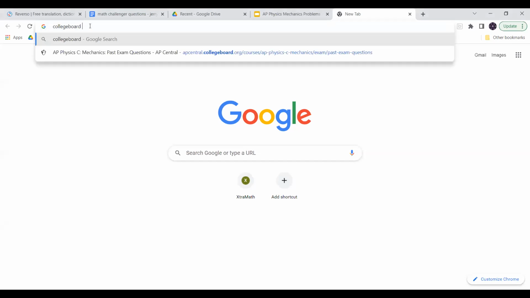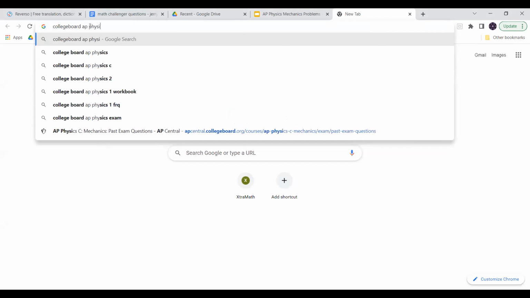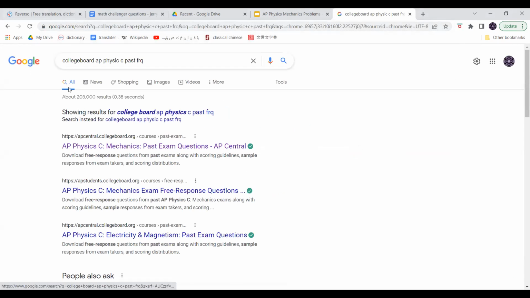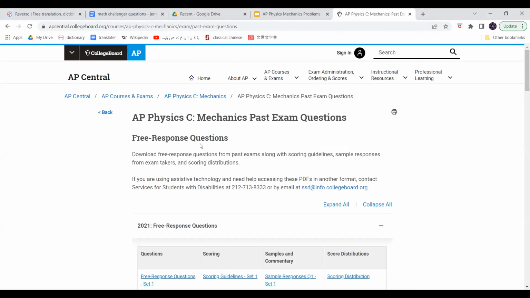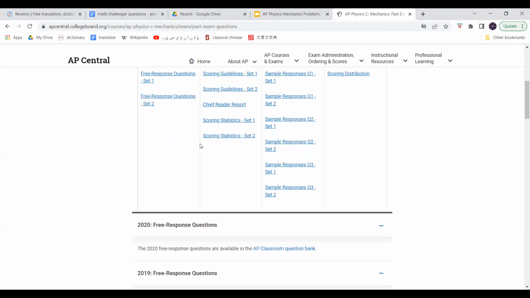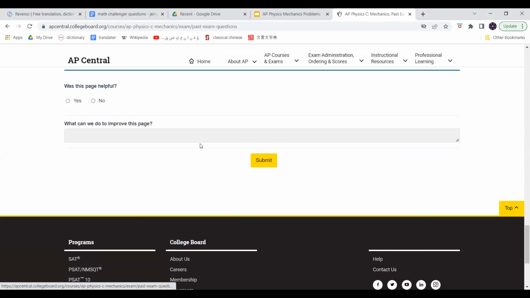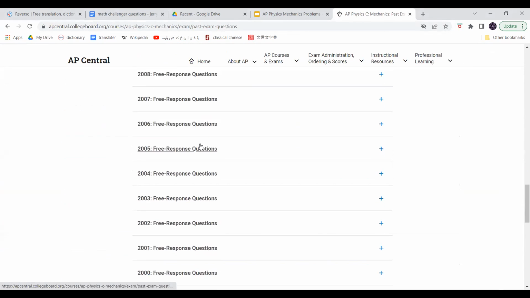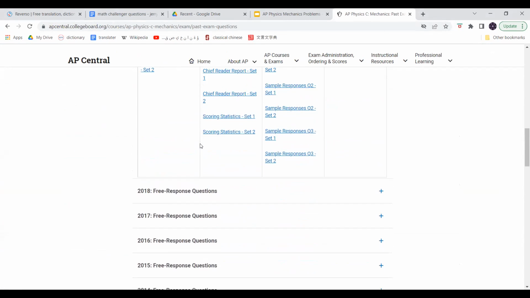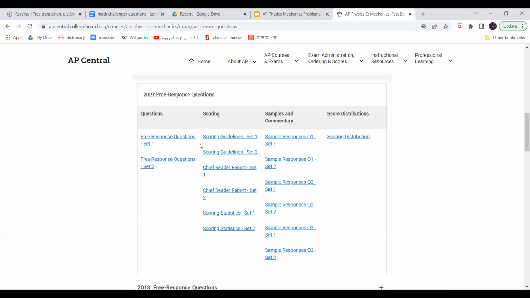Just type in College Board AP Physics C past FRQ, which is shorthand for free response questions. The first link you will get is past exam questions from AP Physics C Mechanics. We have all of them, going all the way back to when they started the exam. So you can always go here and look for answers.